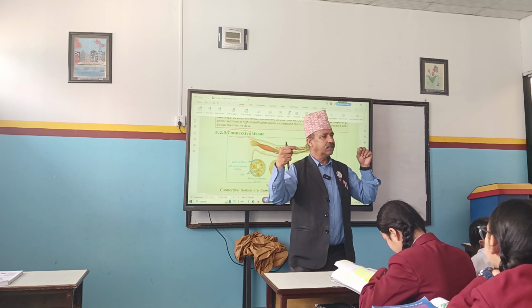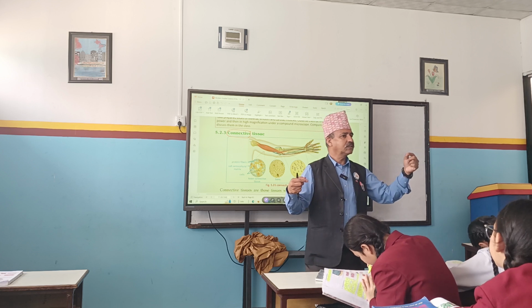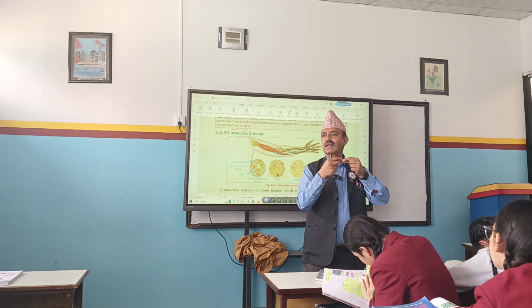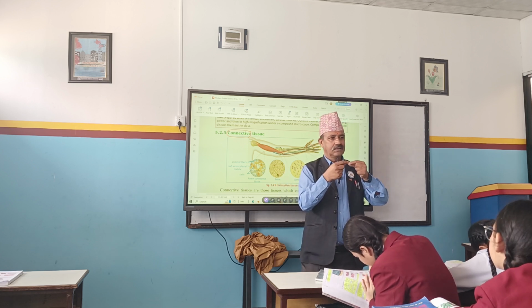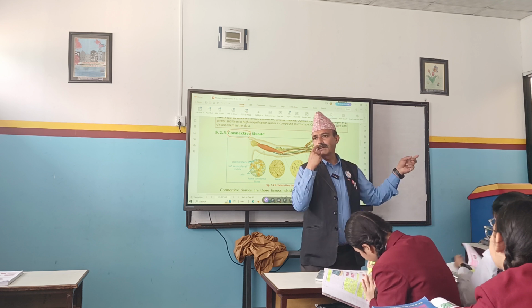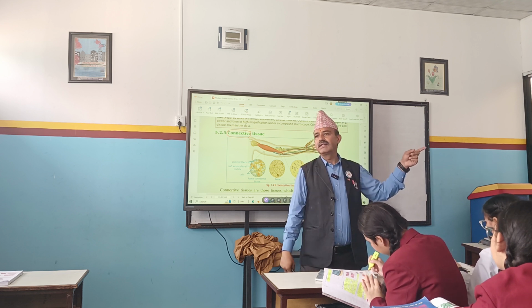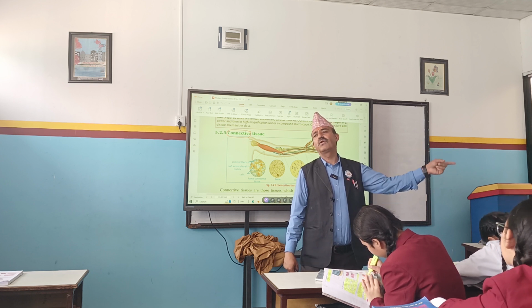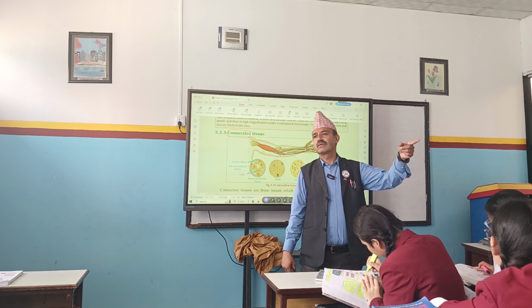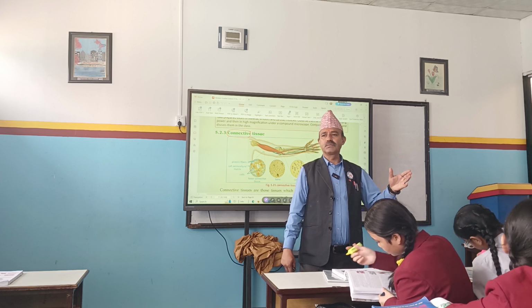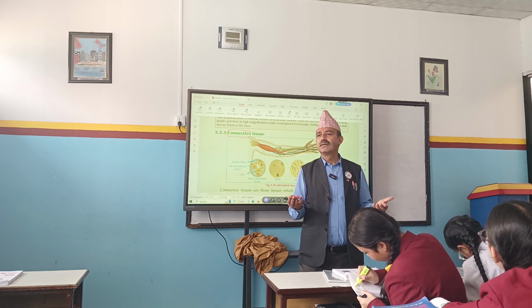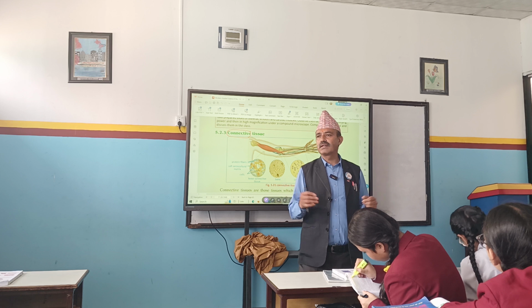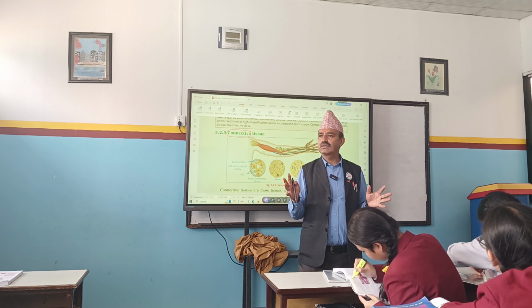One road comes from one side, another road comes from another side, and they are joined with the help of a bridge. If the bridge near our school is removed, will you feel easy or difficult? You have to go a long distance to cross that river, right? Now, if no more water is flowing, it's okay. But if there is a flood, then dangerous or not?